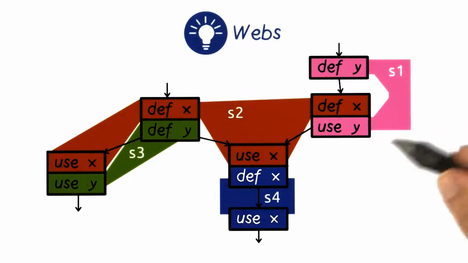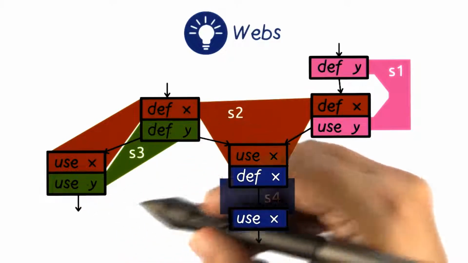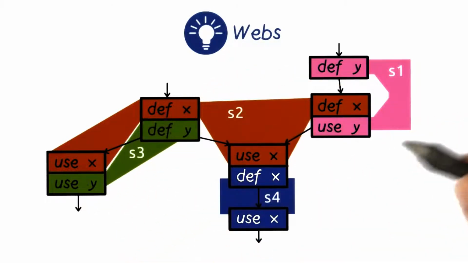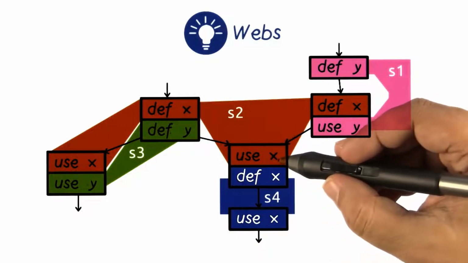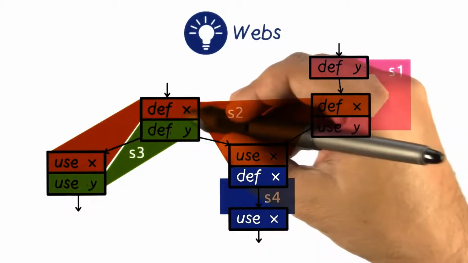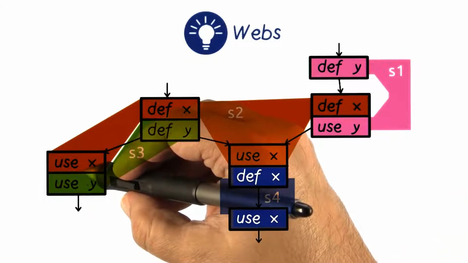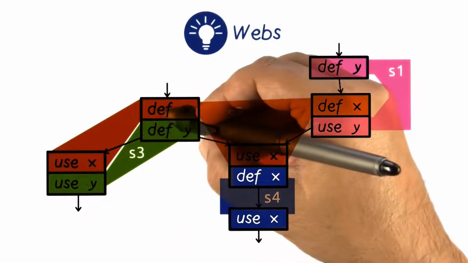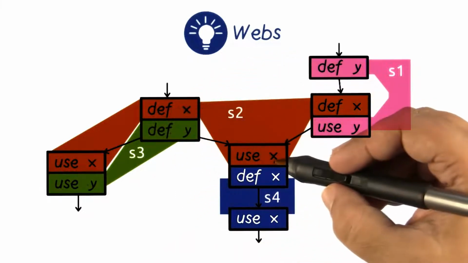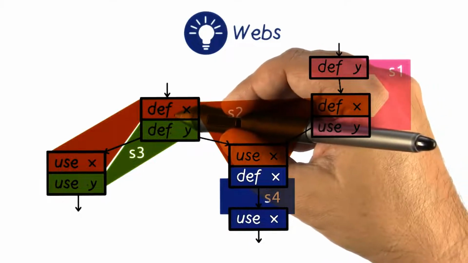Similarly is the case with x. You can see that this definition of x is reaching that use of x, so they should be a part of the same web. Now you can see that this definition of x also feeds that use of x. So again, they should be a part of the same web. And transitively, you can see that the web now extends not only from here to here, but goes from here to here and over here, because this definition over here is feeding this use.